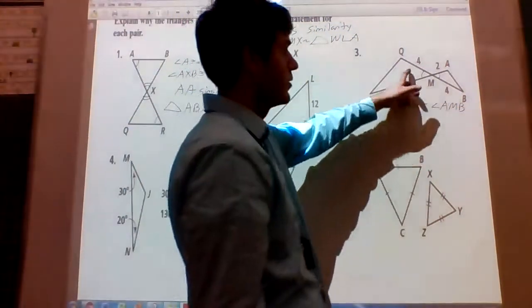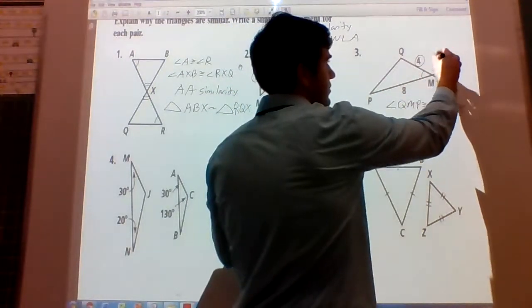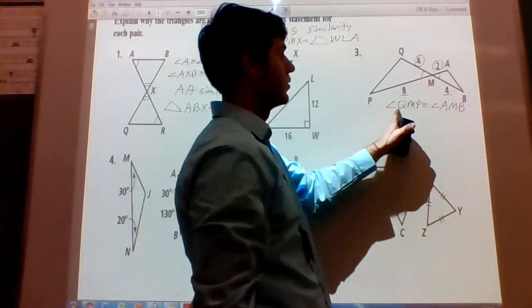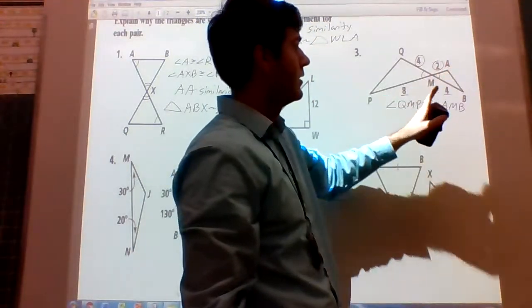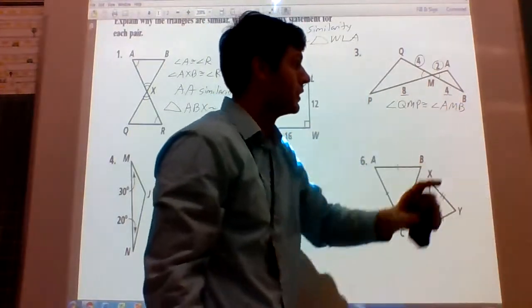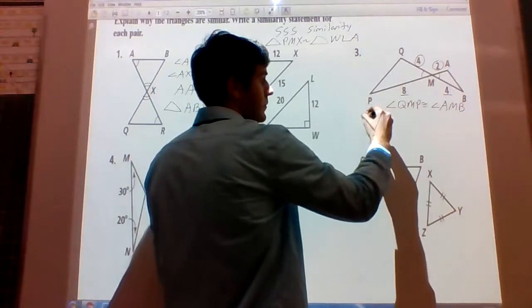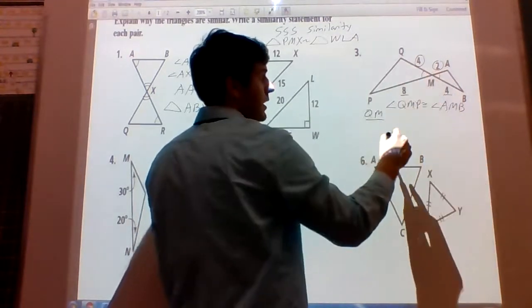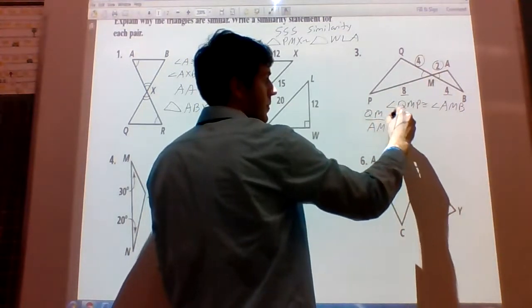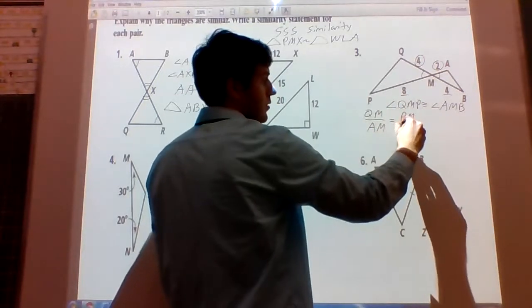Right, these are going to be our corresponding sides, QM, and right, these sides are going to correspond, and then these sides are going to correspond. So Q is associated with A, M corresponds with M, and then P corresponds with B.